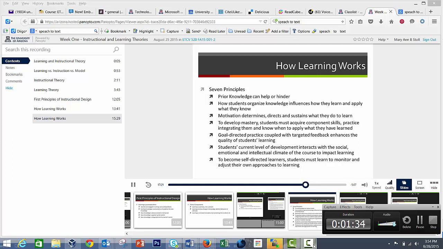Okay. Number three, students' motivation determines, directs, and sustains what they do to learn. As students enter college and gain greater autonomy over what, when, and how they study, motivation plays a critical role in guiding the direction, intensity, persistence, and quality of learning behaviors in which they engage.